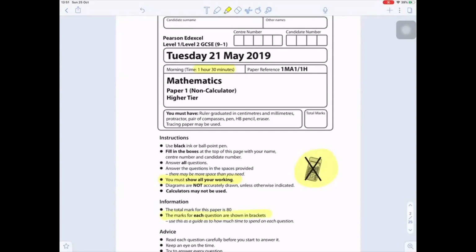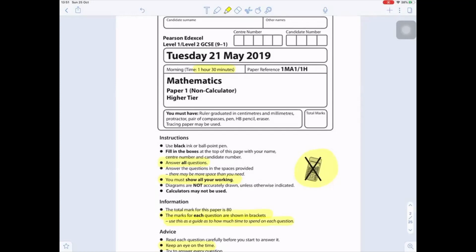Marks for each section are shown in brackets, and this is a guide as to how much time to spend on each question. So if a question is 3 marks, it gives you an idea that you should spend about 3 or 4 minutes on that question. Keep an eye on the time. Try to answer all the questions.